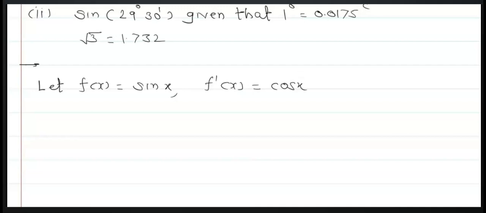f of x is equal to sin x, f dash of x is equal to cos x.